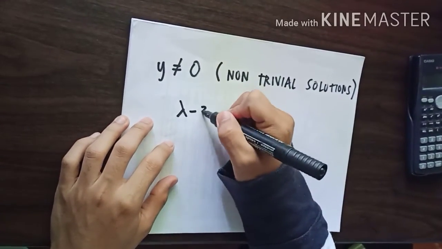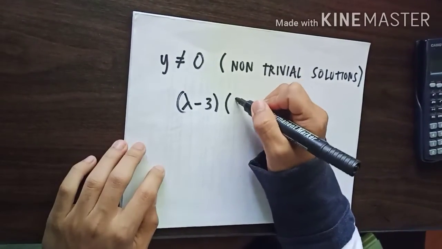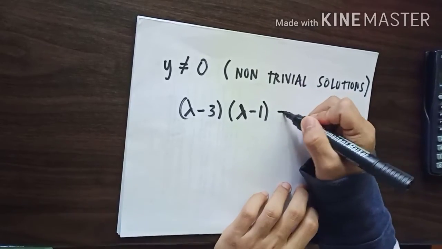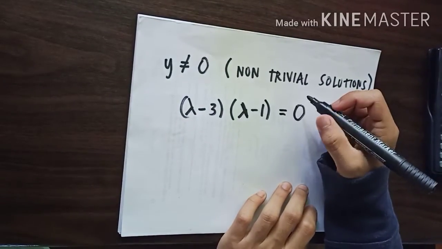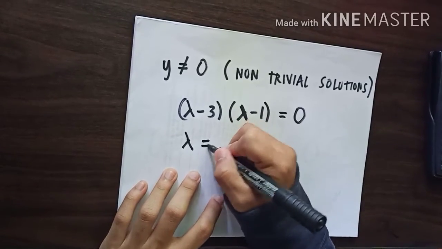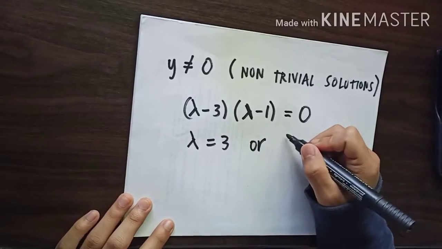So now we have lambda minus 3 and lambda minus 1. We're going to equate both to 0. So now we will have lambda is equal to 3, or lambda is equal to 1.